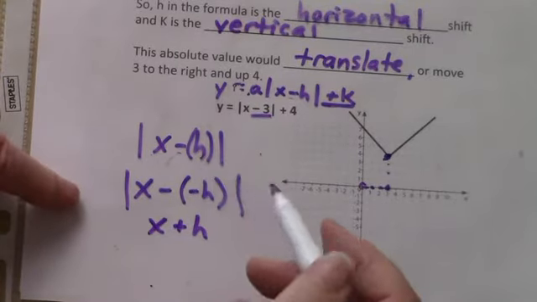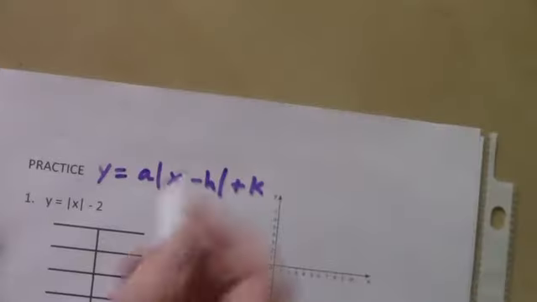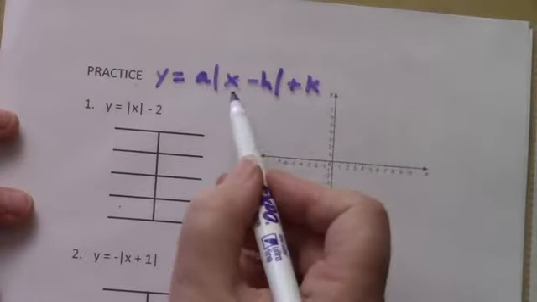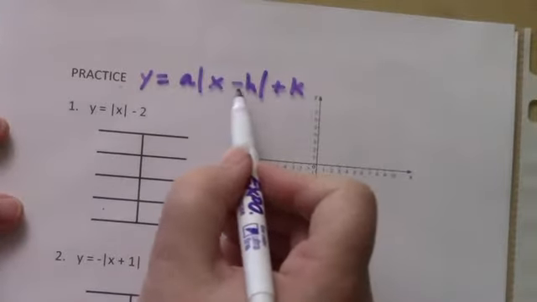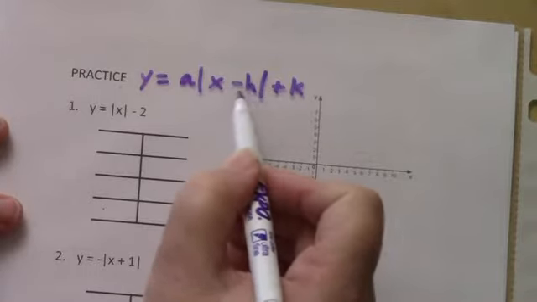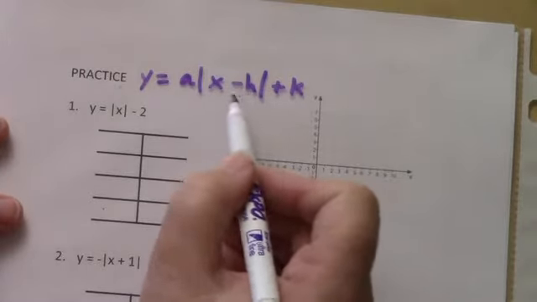Now, I can explain this with a few more examples in class. That's a quick overview, but let me just make a note of how you can remember this if you don't understand the minus, minus, plus, minusing thing, okay? Basically, what you're going to do is look at that minus h, and it's going to be the opposite of what it is.